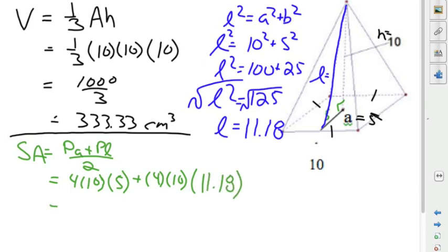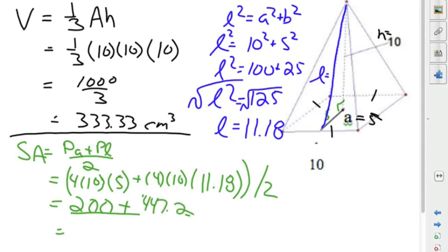So here we got 4 times 10 times 5 is 200. And what's 40 times 11.18? 447.2. So we got 647.2 over 2. What's the final answer? 323.6.